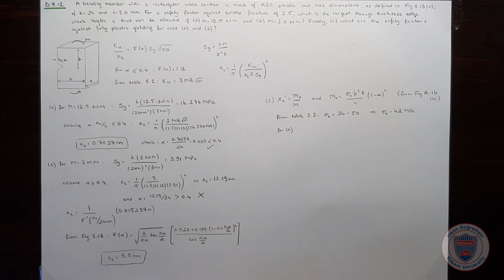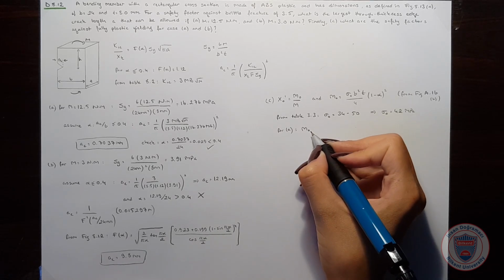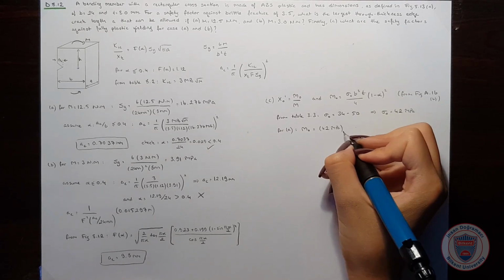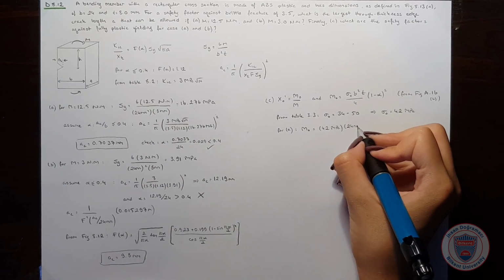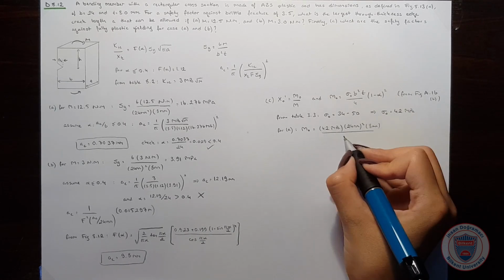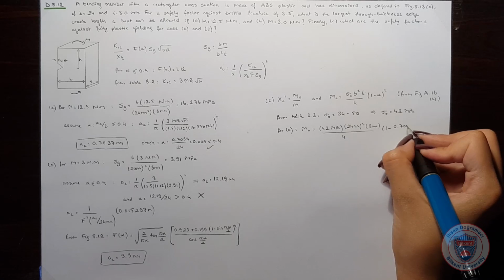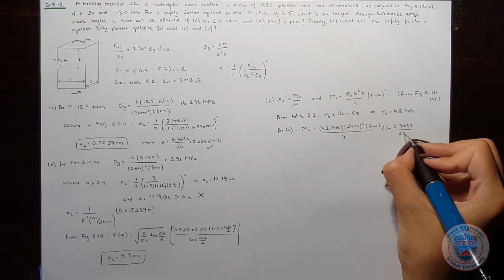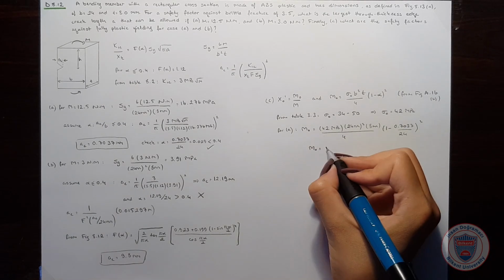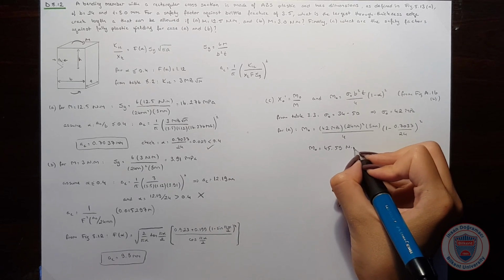For our case in A, the yielding moment will be equal to, and this will give 45.59 Newton meters.